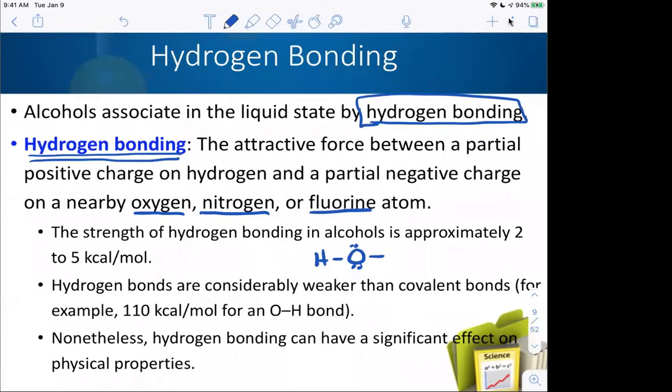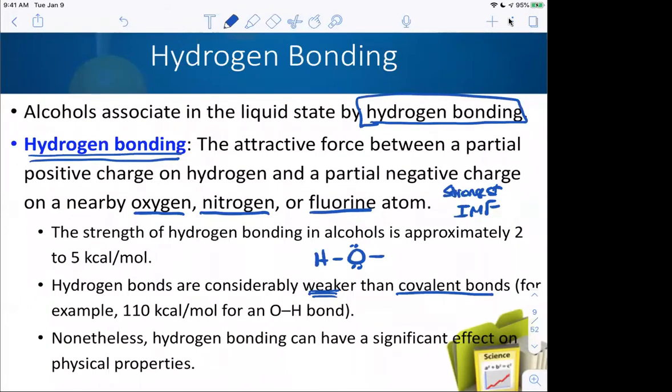The strength is pretty strong. Remember, this is my strongest intermolecular force. And just for comparison, even though hydrogen bonds are very strong in terms of intermolecular forces, they're much weaker than my normal covalent bonds.